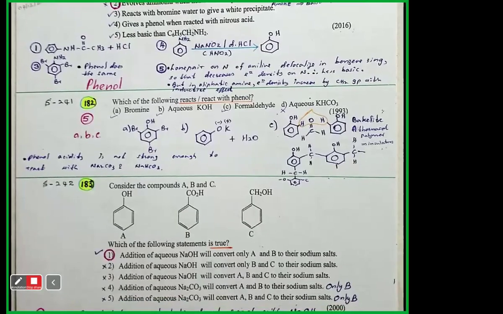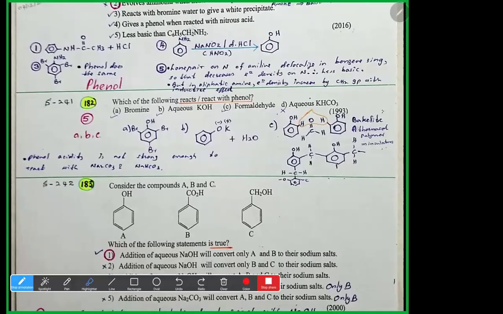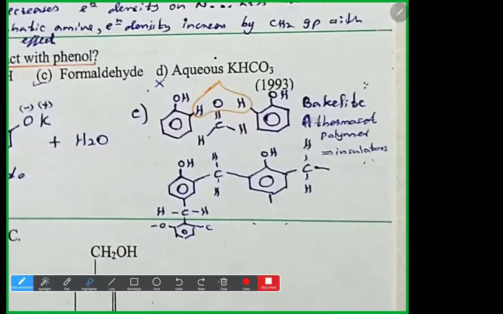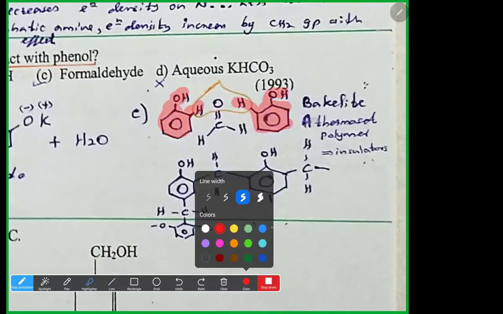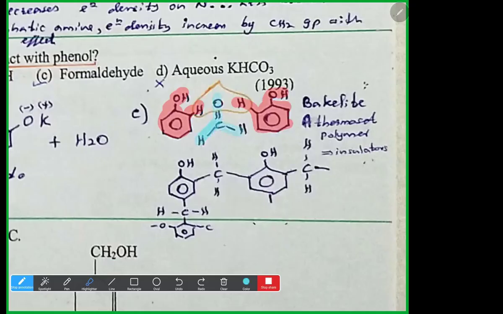182. Which of the following react with phenol? A, bromine, aqueous KOH, yes, potassium salt, aqueous potassium bicarbonate. Phenol acidity is not enough to react with sodium carbonate or bicarbonate. And this part is phenol. Okay, this is another phenol. And this is the formaldehyde part.